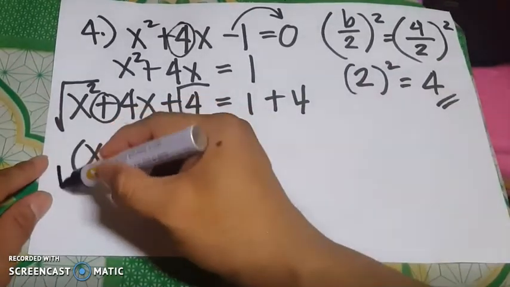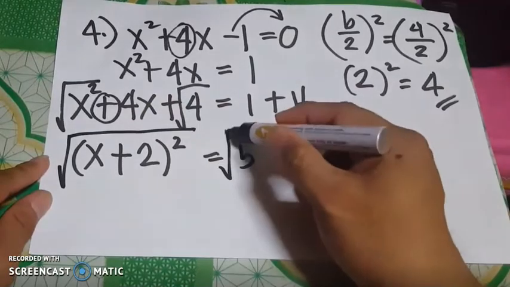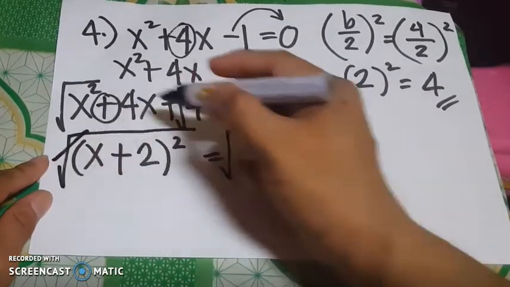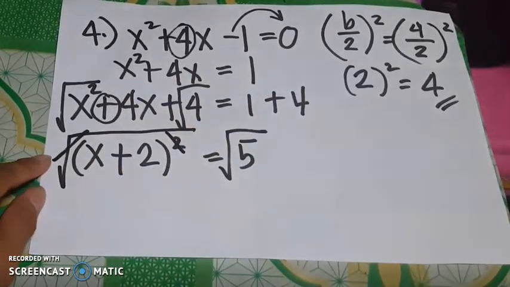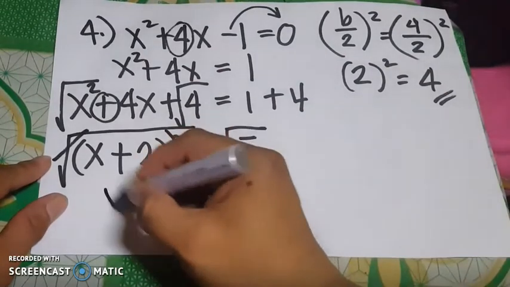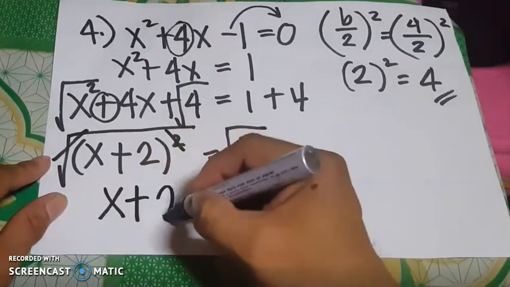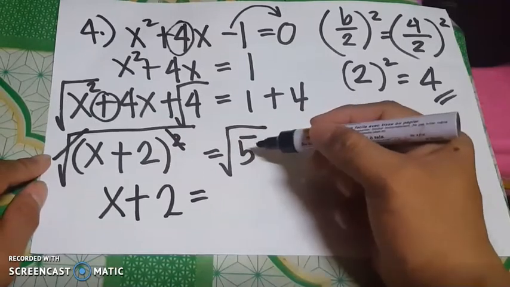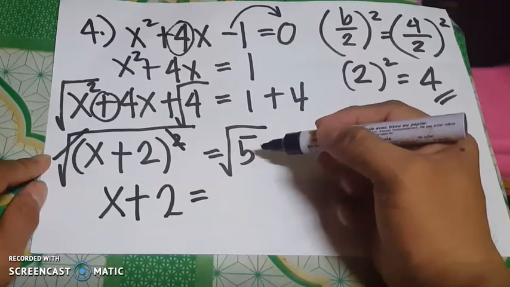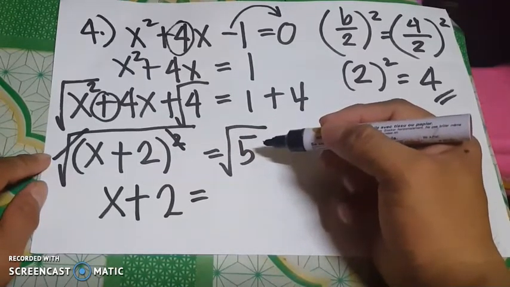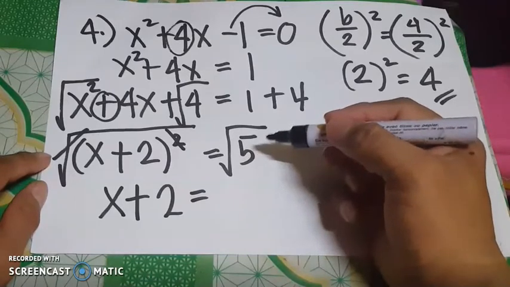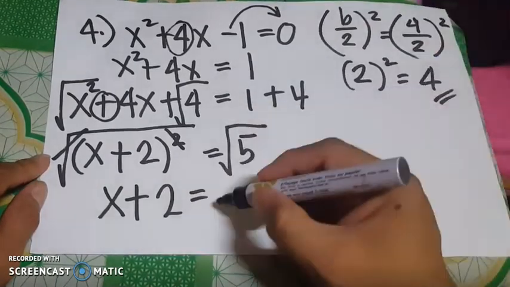Then from here, let's make use of extracting the roots for us to remove the square root sign here and the 2, the square. Then, what will be left is x plus 2, which is equal to, since 5 is not a perfect square and there are also no factors of 5 wherein one of its factors is a perfect square, then it will stay as it is.